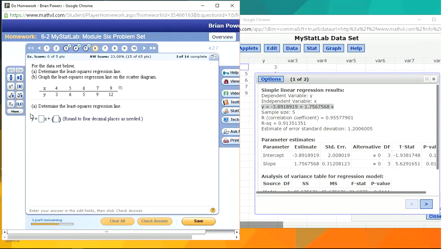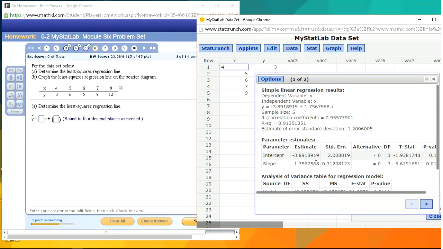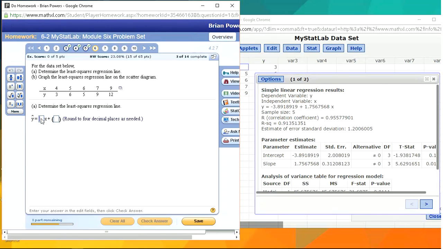That's what we're going to be putting into our answer. Now be careful, because it's giving you an intercept and a slope, but the way this is giving it is the slope goes first and the intercept goes next. So the slope is the number that multiplies x, and the intercept is the number that is just added to it. Okay, 4 decimal places.